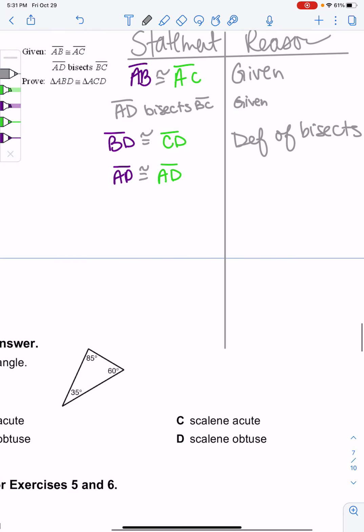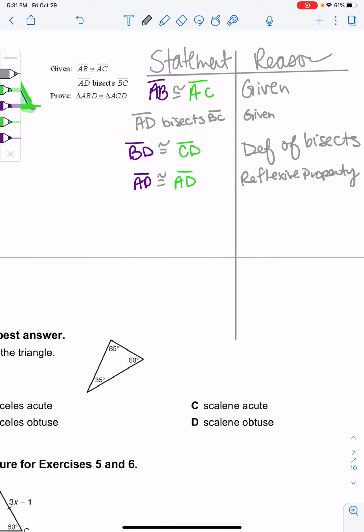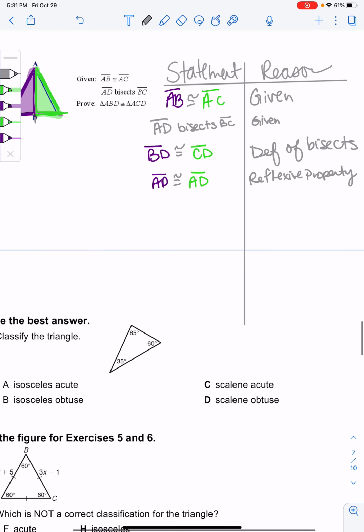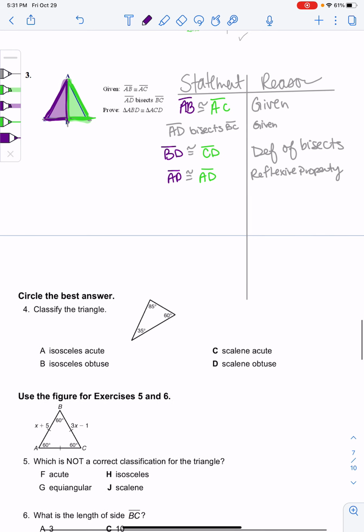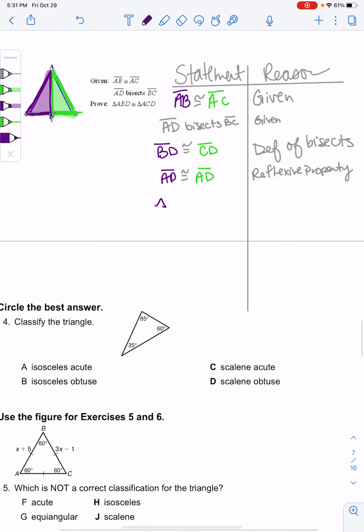So that is called reflexive property. And then I've got 3 sides that match, which is one of my shortcuts. So I can show that ABD, the purple one, is the same as or congruent to the green one, which is ACD. And we ended up going and saying all 3 sides match.